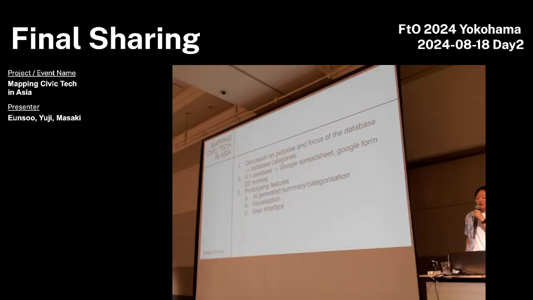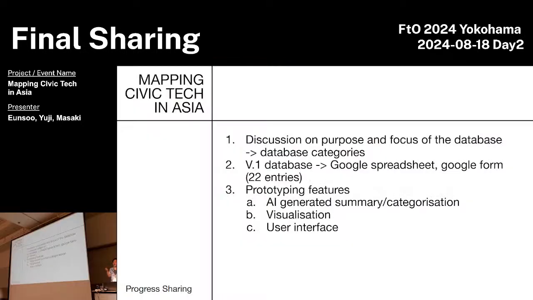Yeah, just very quickly what we did. So yesterday we began with a discussion on defining the purpose and focus of the database. And one of the things that came out from the discussion was that people were interested in seeing how the problems that we're facing in Asia, how the civic tech projects are responding to those problems. So discovering basically what our common area of problems in Asia is. That became the focus, something that maybe sets us apart from other databases.